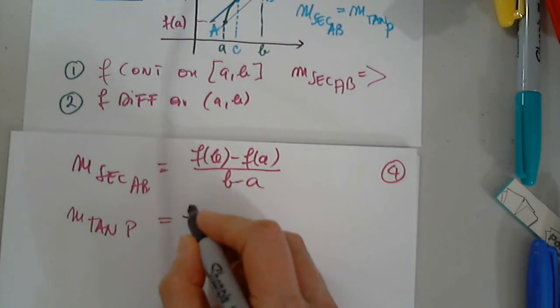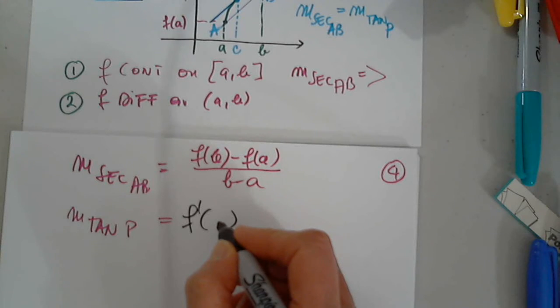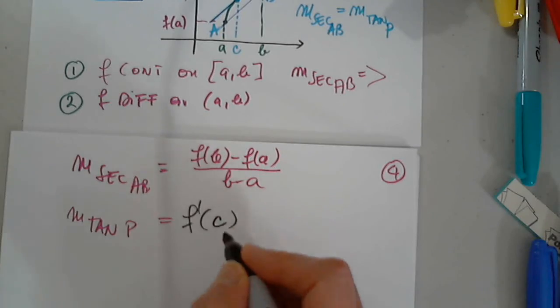Careful. f prime of what? f prime of C. If it's not A, it's not B, there is only one more option.